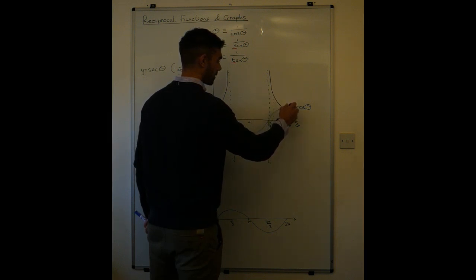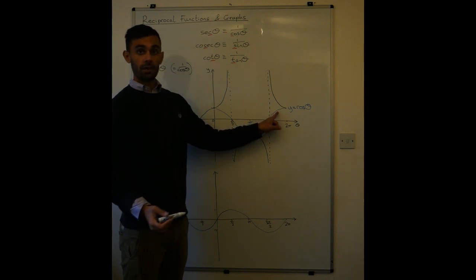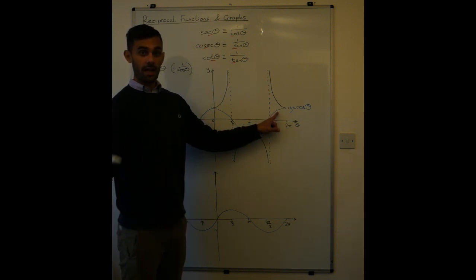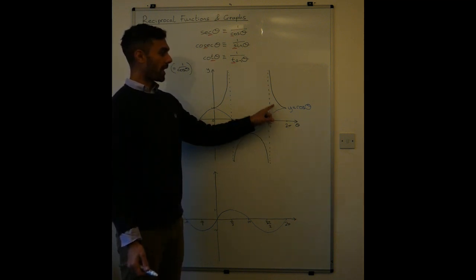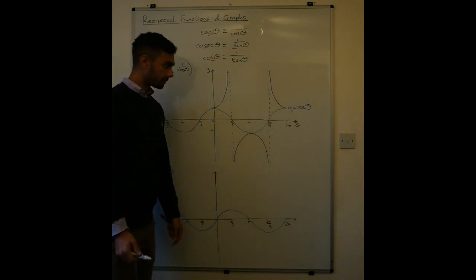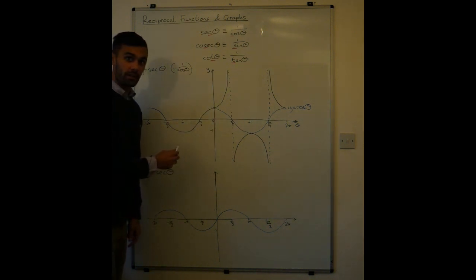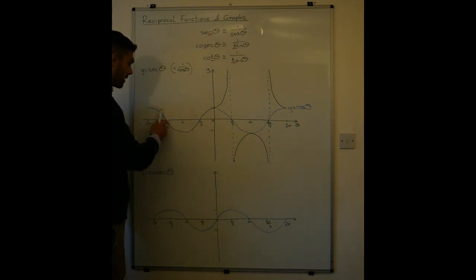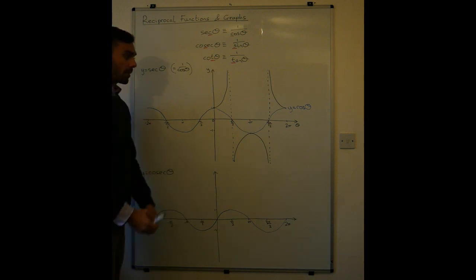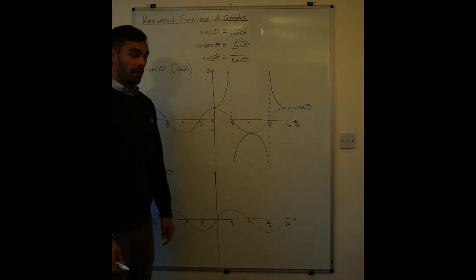Alright. From 3 pi over 2 to 2 pi, cos is positive, which means sec will be positive, and then the nature of the curve is very similar to what we have over here. And in fact, because cos is periodic, and its shape is exactly the same every 2 pi radians, the same is true for sec.